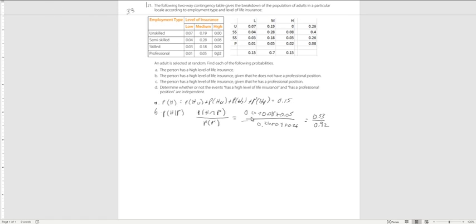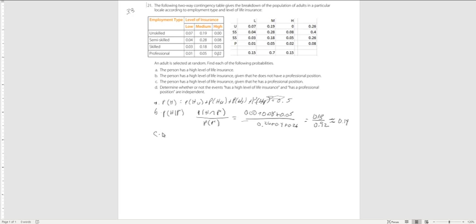Can't read my own writing, so I need to fix that. Let's come back here again. So that was a P. Oh, stop it. So 0.05, 0.00. So it's 0.13 divided by 0.92. And that's approximately equal to 0.14. Make that approximate there.